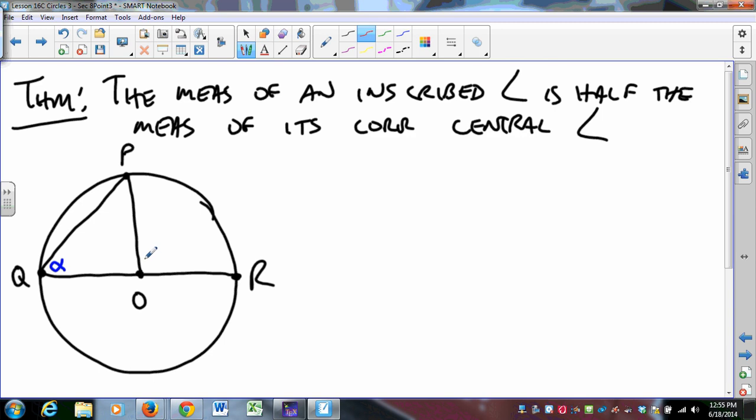What I want to show is that angle POR, the corresponding central angle, is 2 alpha. The way we do that is not terribly difficult. This is an isosceles triangle because OQ and OP are radii, so that's alpha. Then this angle is an exterior angle to this triangle, and in Euclidean geometry, this angle is equal to the sum of the remote interiors. That's 2 alpha.